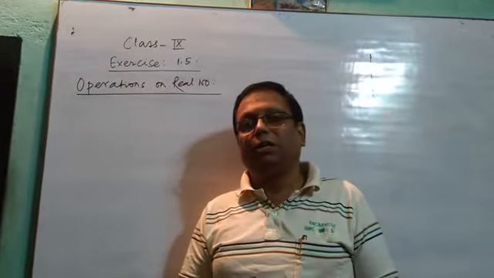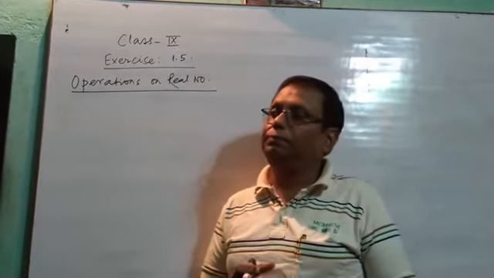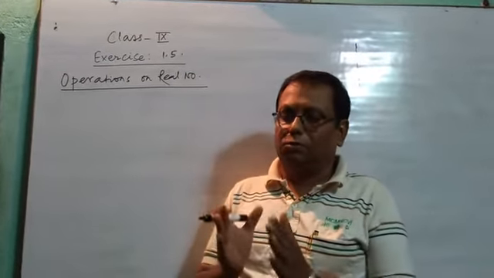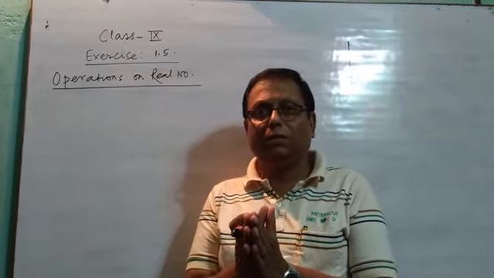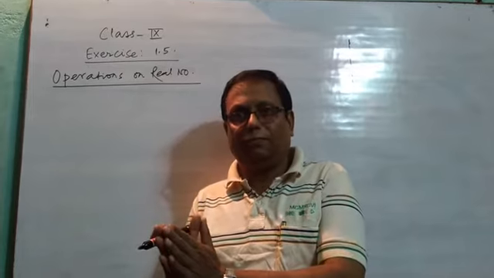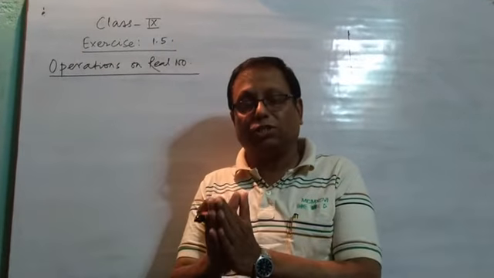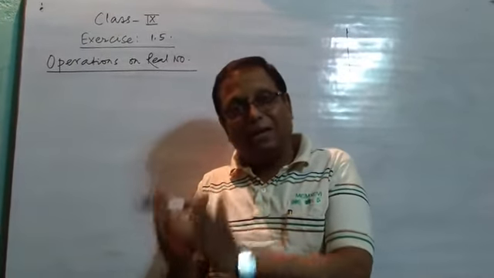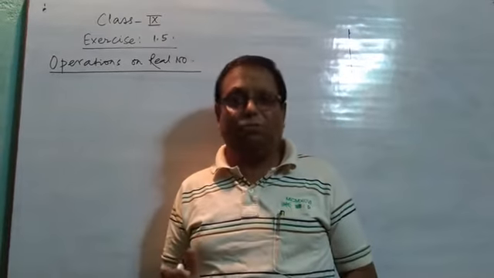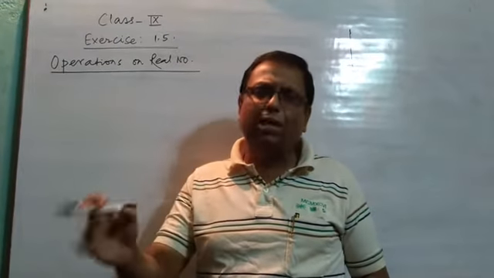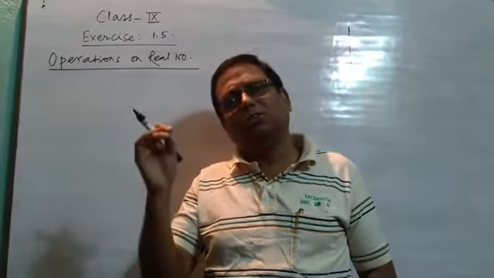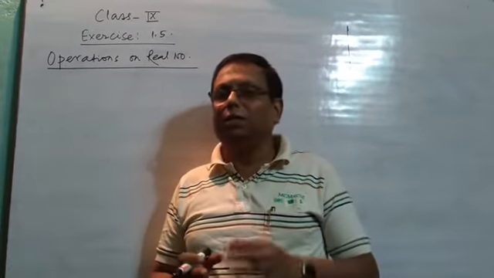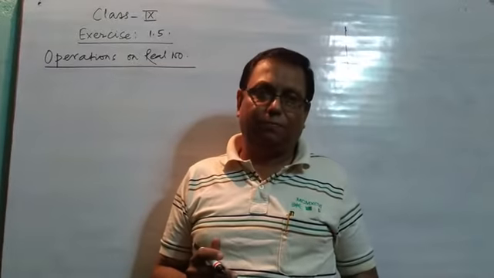Before going into details, let me tell you one thing: when a non-zero rational number is attached with an irrational number in any way, by plus, minus, multiplication or division sign, the result is irrational.